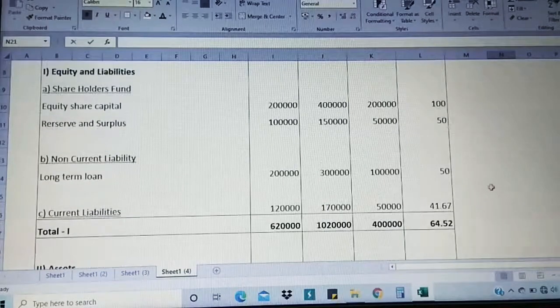The calculation is very simple. The only thing is that the format is very, very important, so keep it in your mind. Observe it and be thorough with this. It's a 100% sure question that will appear in your examination for 12 marks.